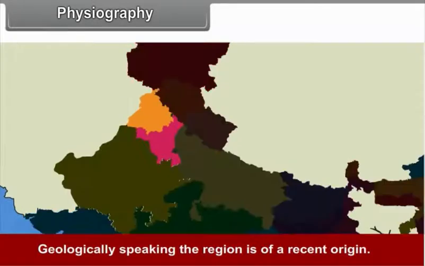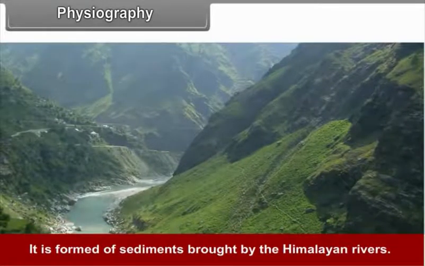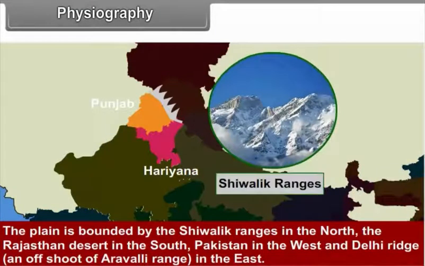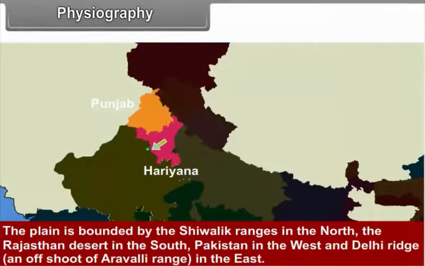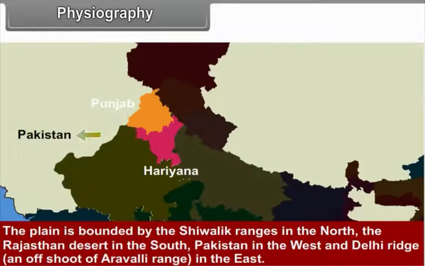4.1 Physiography. Geologically speaking, the region is of recent origin. It is formed of sediments brought by the Himalayan rivers. The plain is bounded by the Shivalik range in the north, the Rajasthan desert in the south, Pakistan in the west, and Delhi Ridge in the east.